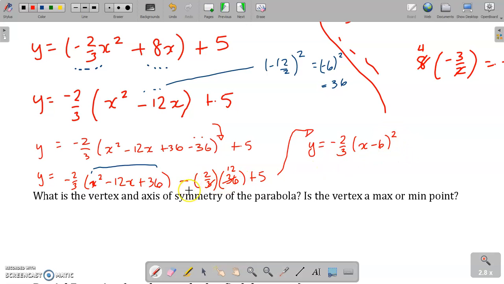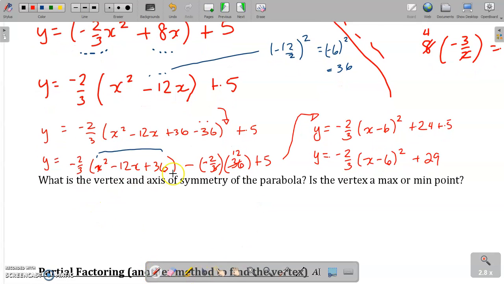And now this was negative as well. So negative and a negative became a positive. So we have 2 times 12 is 24 plus 5. So we've got 29 there. So y equals -2/3 times x minus 6 all squared plus 29.